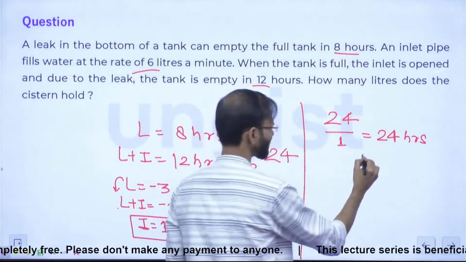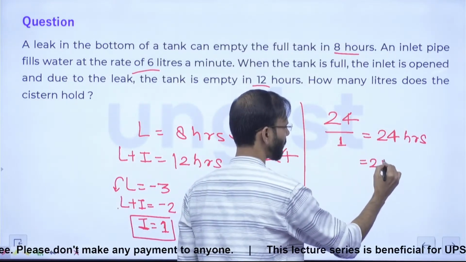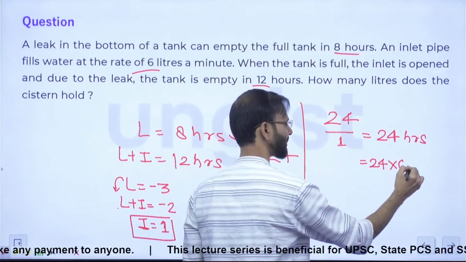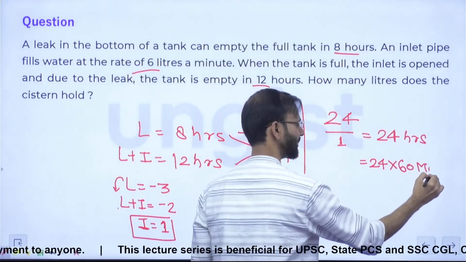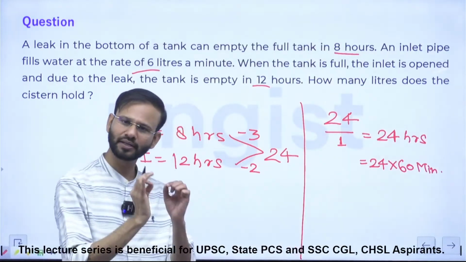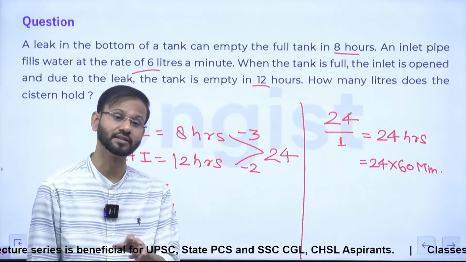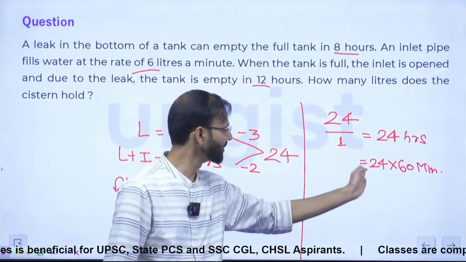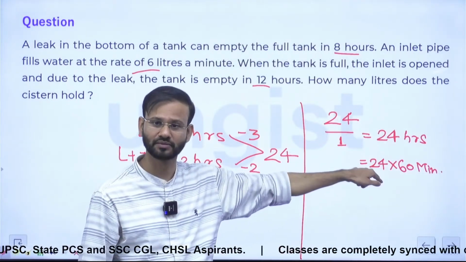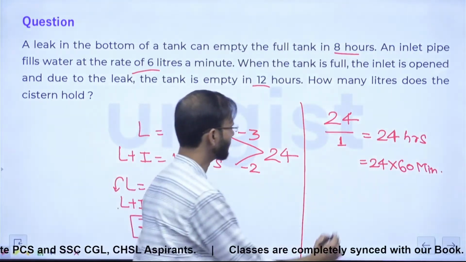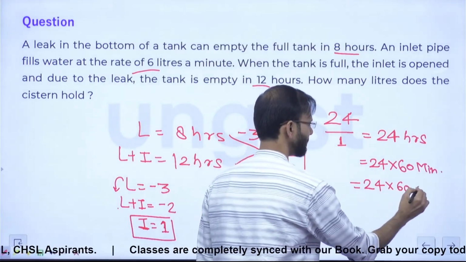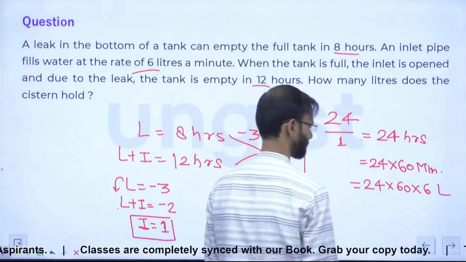Just convert these 24 hours to minutes. In these many minutes it is filling the tank, and in each minute it is filling 6 liters. So the capacity of the cistern is 24 into 60 into 6 liters.